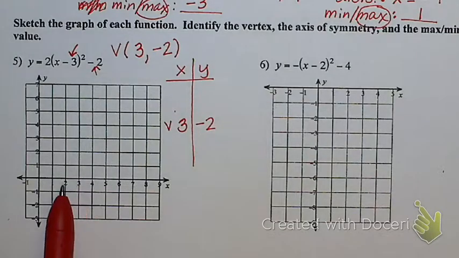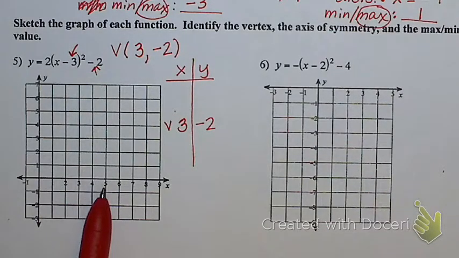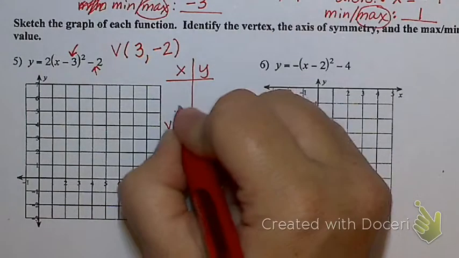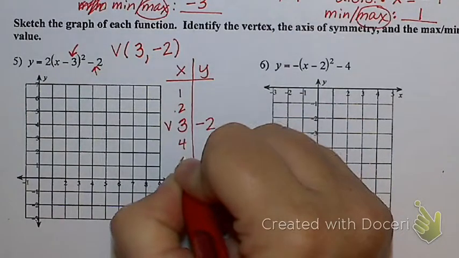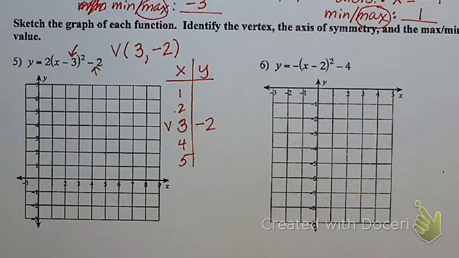So I need 2 and 1 and 4 and 5. Do you see that? So that I have 5 numbers in a row, counting consecutively, with that vertex value as the middle one. That's the hardest part of the problem.